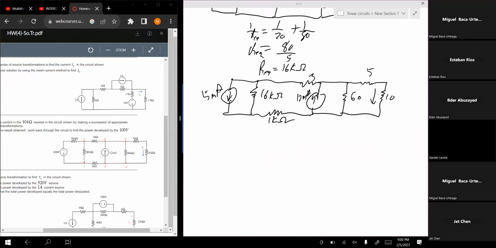Wait, Miguel, I'm sorry. Maybe I might be reaching, but if we combine the 5 and the 10, can we use this 12 milliamp to get the total equivalent of the circuit in that last fourth box? Or am I reaching? I see where your head's at, but that's reaching a little bit.